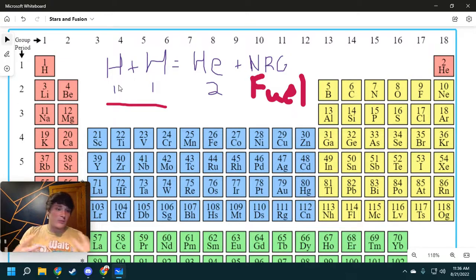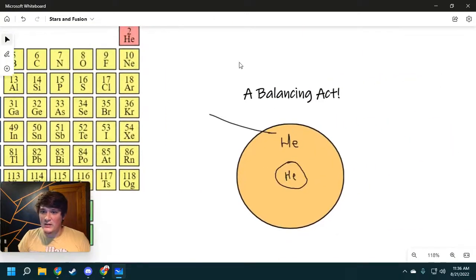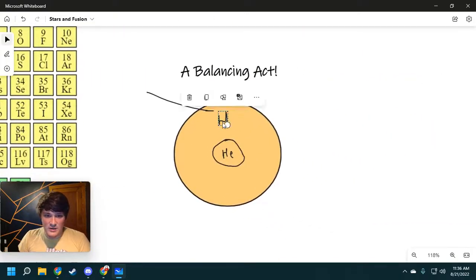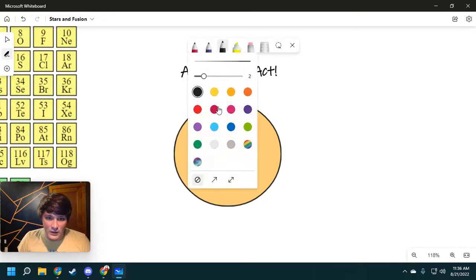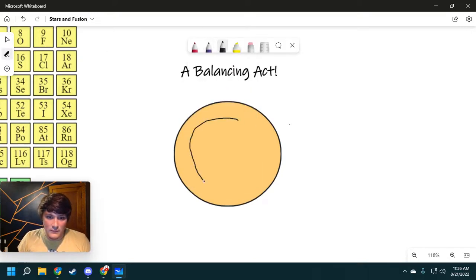Okay? Both of these things are heavier, so we're going to start to get more and more layers inside of our star. So maybe we have a hydrogen layer and a helium layer and a beryllium layer.